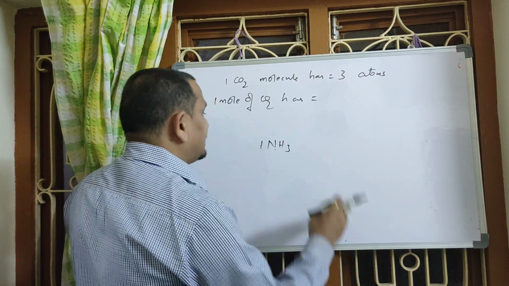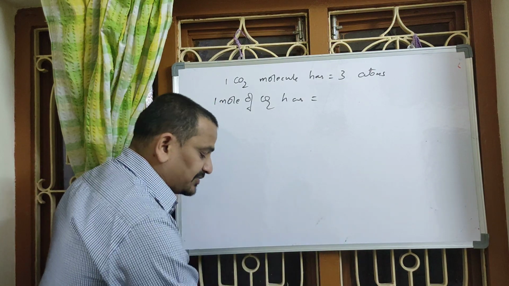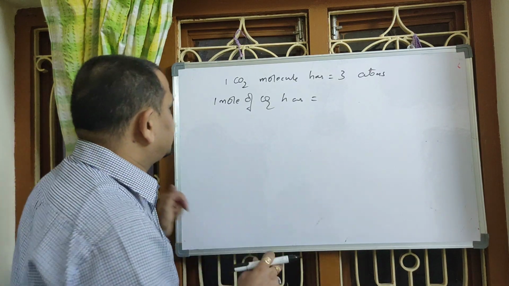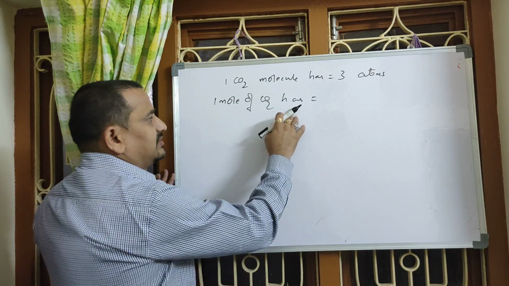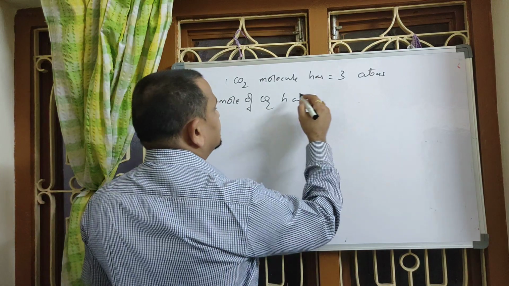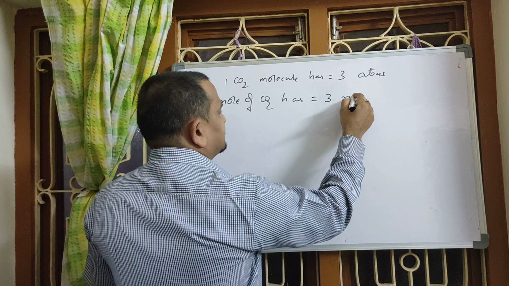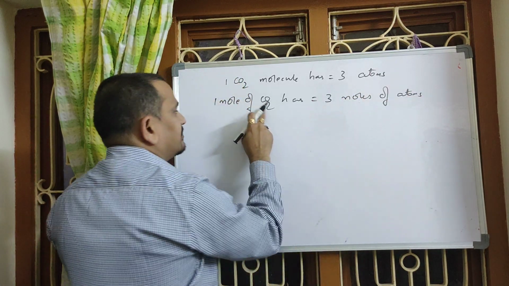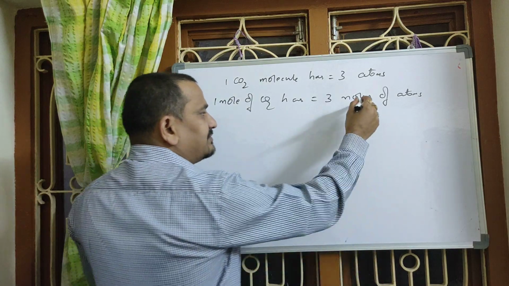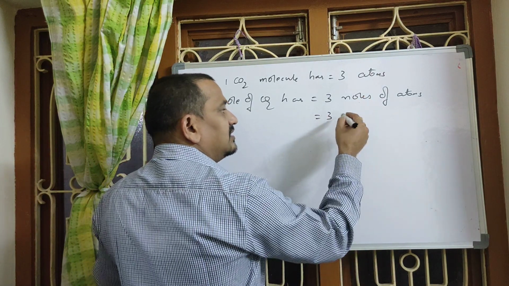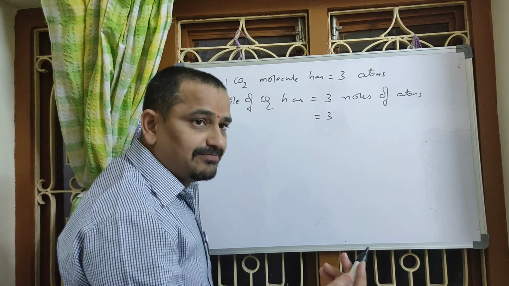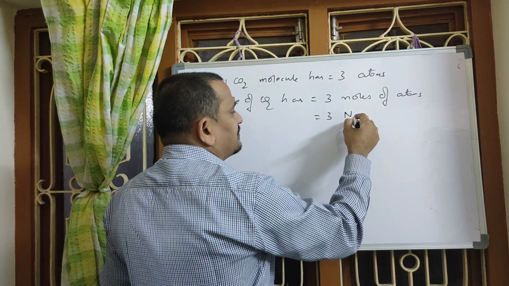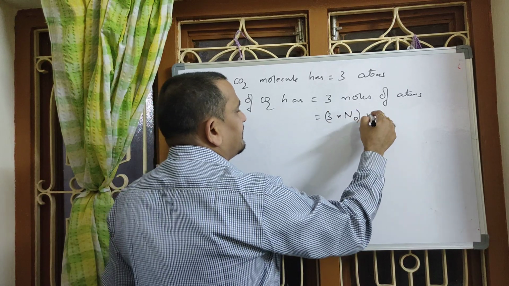Now let's come here. 1 mole of CO2 has 3 moles of atoms: 1 mole of carbon and 2 moles of oxygen. What's meant by mole? Amount of substance which contains Avogadro number of species. So moles of atoms corresponds to Avogadro number: 3 into Avogadro number of atoms.